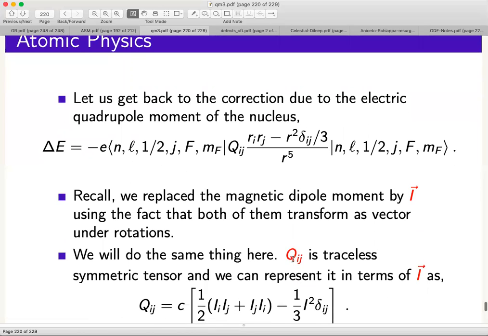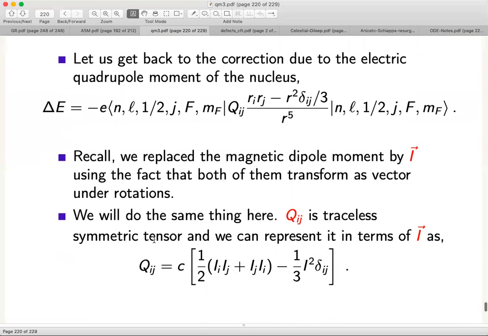Qij in fact is an irreducible tensor, and it is a symmetric combination of the spherical vector. So we will write this as some constant times half (Ii Ij plus Ij Ii) minus 1/3 I squared times delta ij.